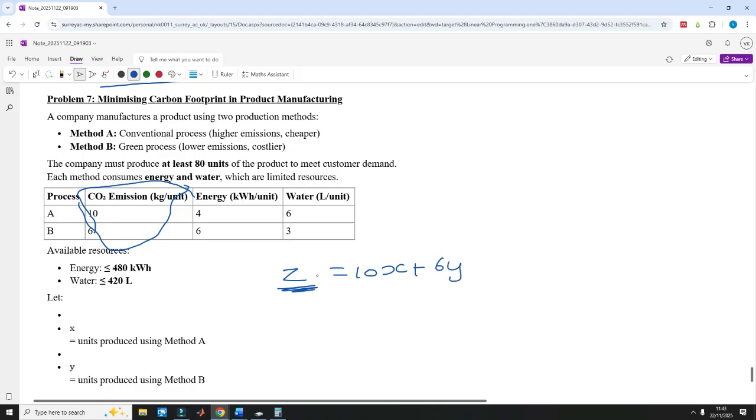Subject to some constraints. So 4 times x plus 6 times y, and this is the energy requirement, isn't it? So we cannot use more than 480 kilowatt hour. And with respect to another utility, which is water, this is 6x plus 3y, which should be less than or equal to 420 liters.